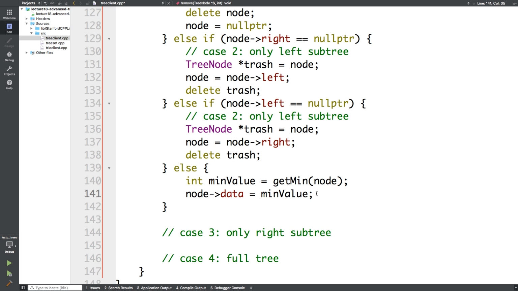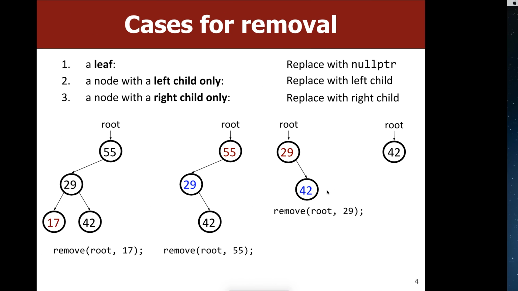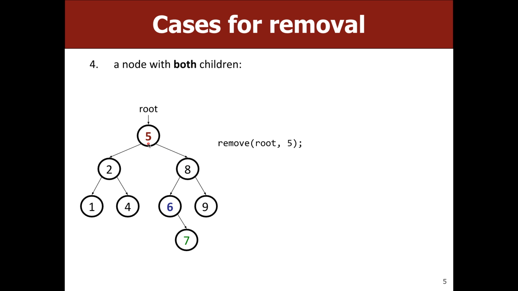Is this kind of making sense? So we have this 5 and we want to replace it with 6. So we can just copy the data of 6 into the node 5. So we now have a 6 here instead of a 5.